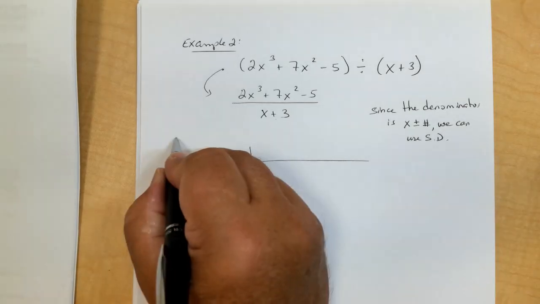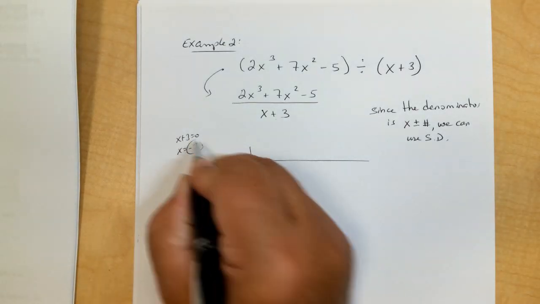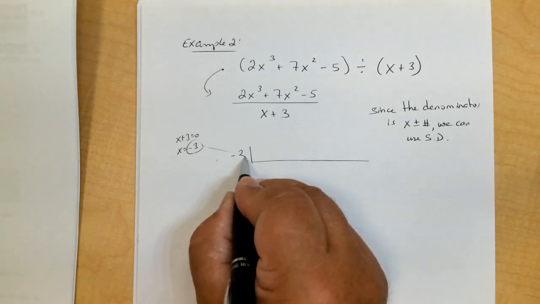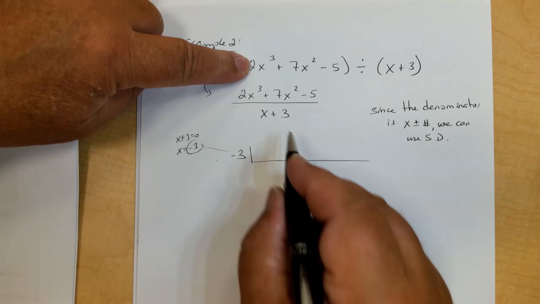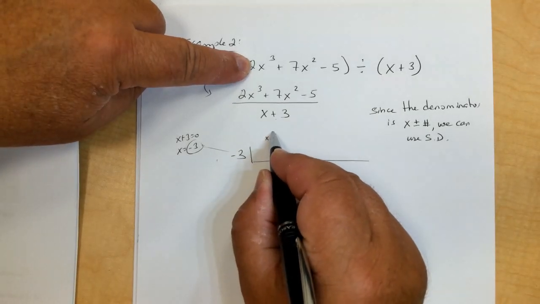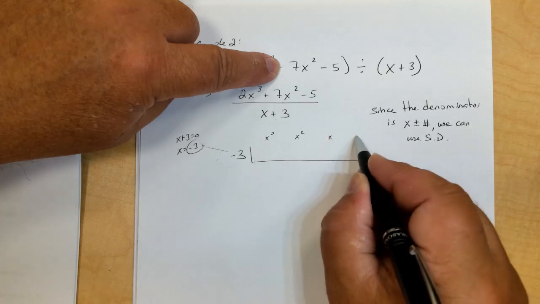Very good. Take x plus 3, set it equal to 0. Now inside here, we have the biggest number x cubed, so it goes down to x squared, x, then a constant.